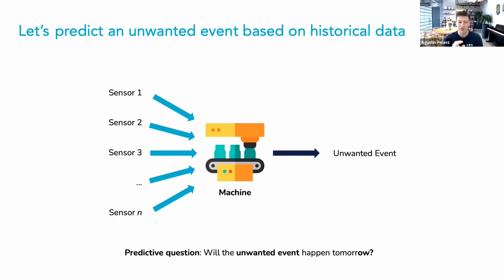In this case, we want to pose the question, will the unwanted event happen tomorrow? I could pick within 10 days, within a month. The larger the time window, the more accurate our model could get, because we have more unwanted observations to train the model. So in this case, I picked 1 day.